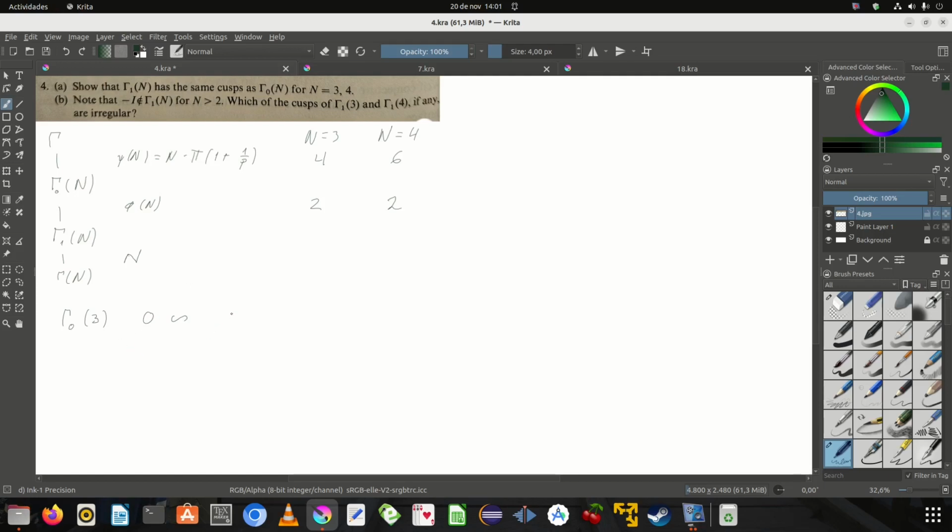So side classes, the identity, S, and then I believe it was TS and T squared S, or the other way around. I'll make a break and find out about that.